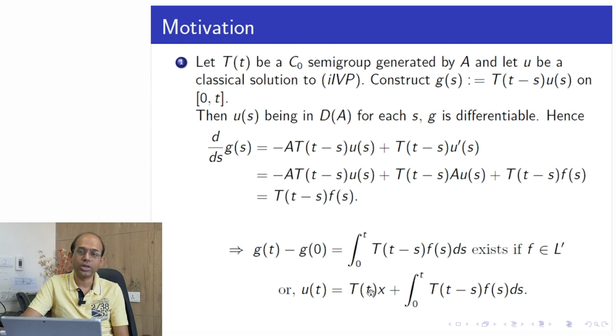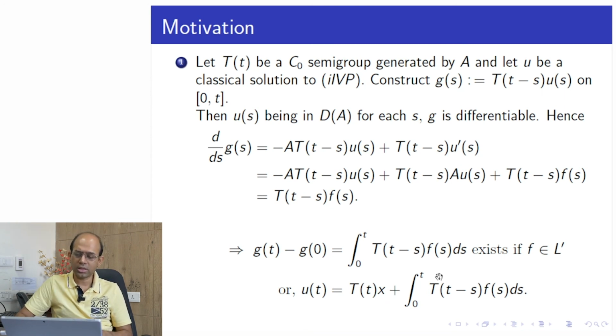So it is unique because A would generate a unique semigroup, and then the classical solution would have this expression. You can also prove it by contradiction. Even if you assume that the IVP has two different solutions, say u and v, then v(t) would also be this. So that would necessarily imply that u and v are the same. So that proves that the IVP has a unique solution.